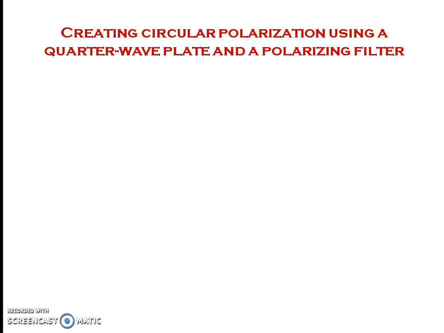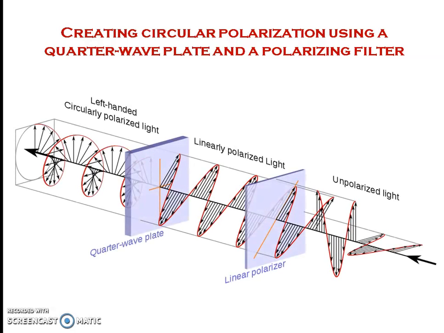Now, creating circular polarization using a quarter wave plate and a polarizing filter. If you look at this diagram, here this is a quarter wave plate and this is a linear polarizer. When unpolarized light falls on this linear polarizer, we get linearly polarized light.